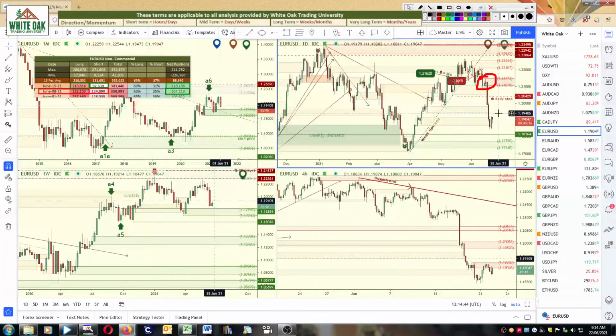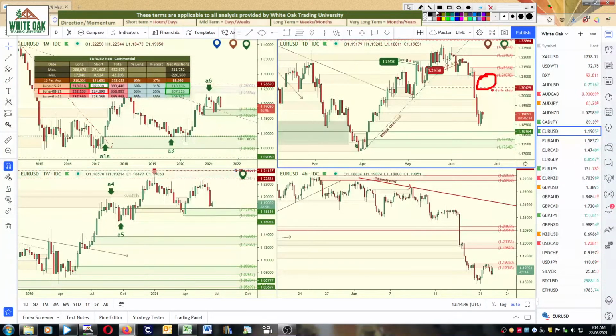Now, what did we have? We had a very big move to the downside. So they had this move planned. We saw this coming. We talked about it. We gave the reasons why, and the move took place. All right. So the move to the downside took place.